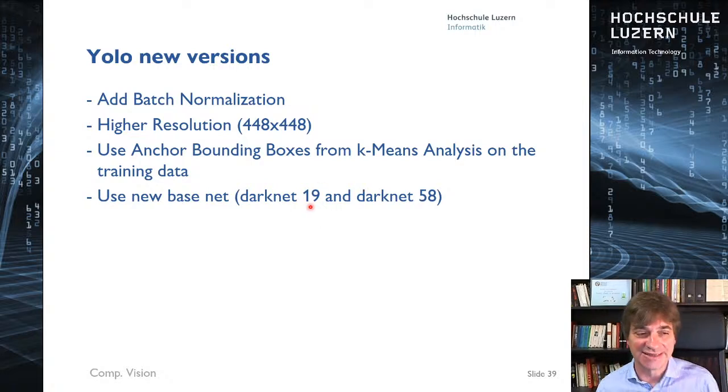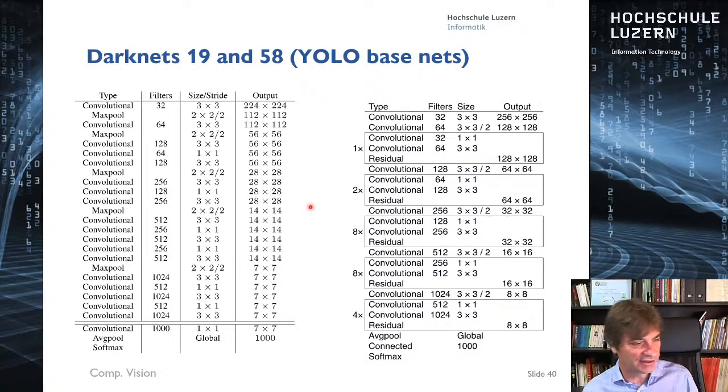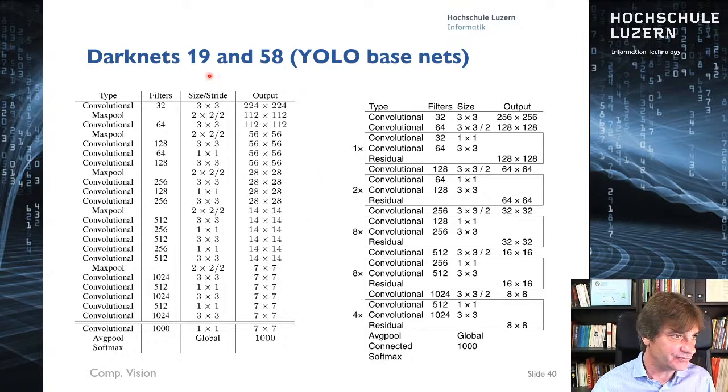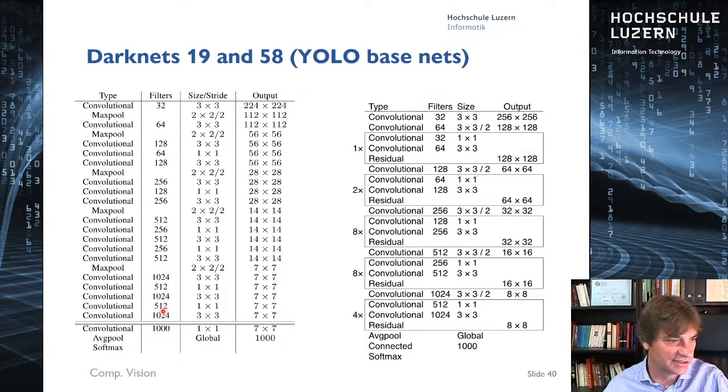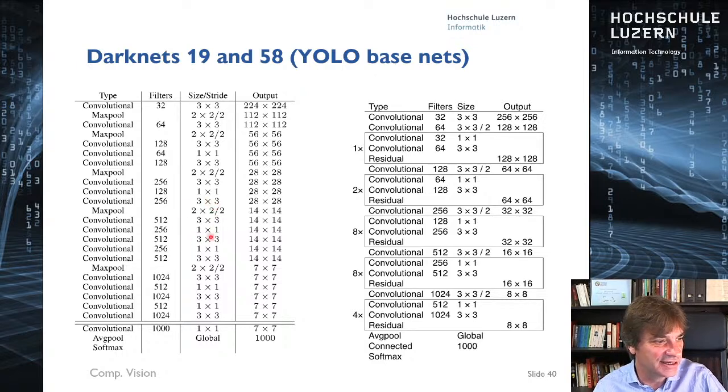There is a smaller one with 19 layers, and a larger one with 58 layers. Here maybe we can look quickly at how those networks are structured. Here is the 19. You have convolutional layers and max pool layers, with some different filter sizes. I think we'll also discuss this quickly again next week.